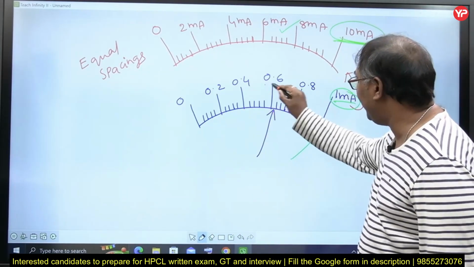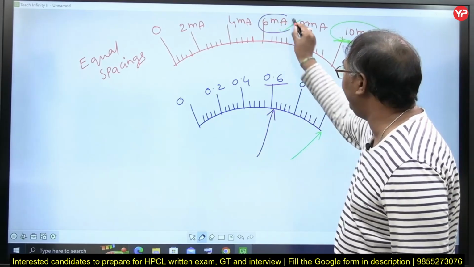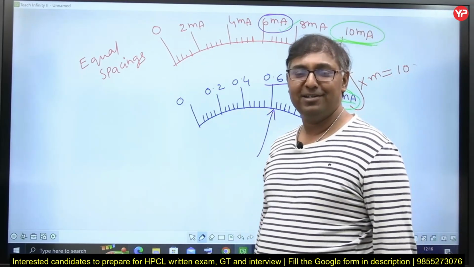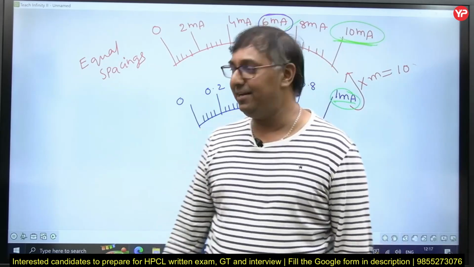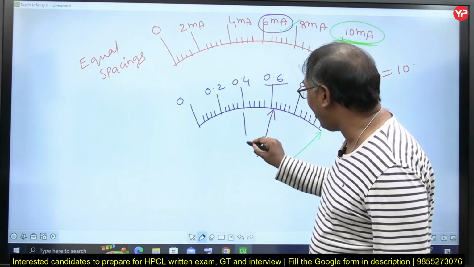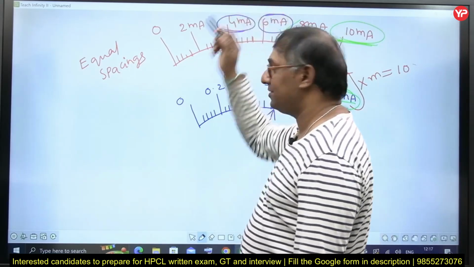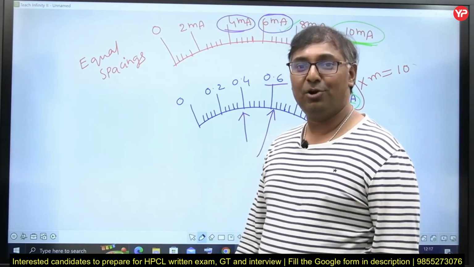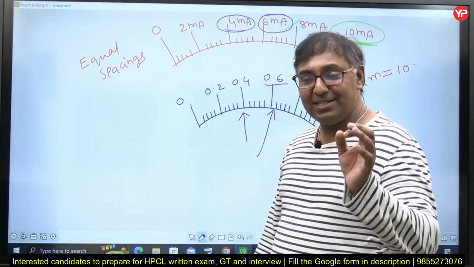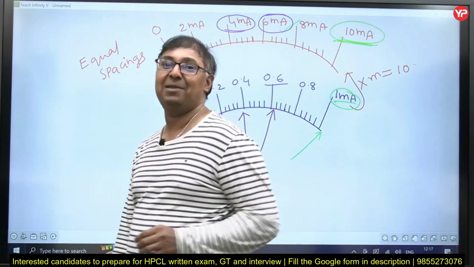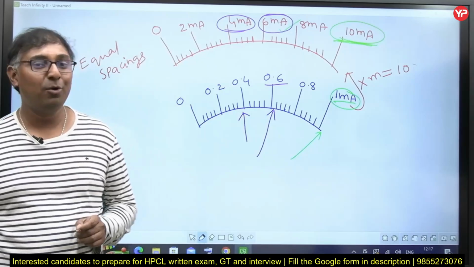Tell me, in place of 0.6 milliamps, what is printed? 6 milliamps is printed. Similarly, if 4 milliamps is sent, the pointer stops at 0.4 milliamps, but in place of 0.4 milliamps, 4 milliamps is marked. So this is how the manufacturer calibrates the scale.